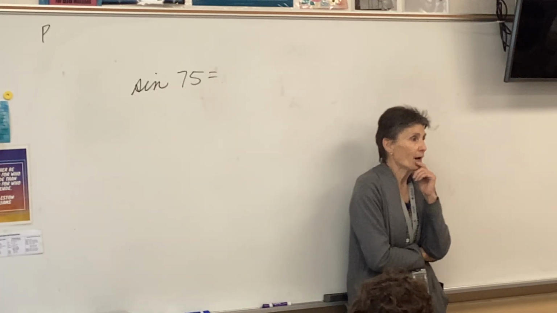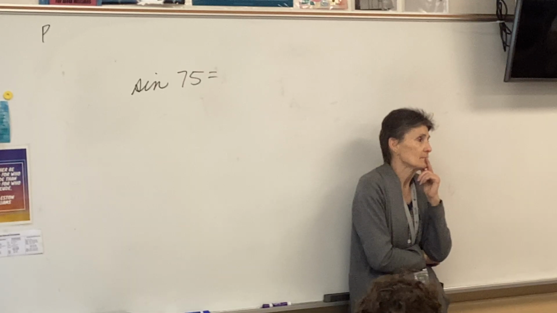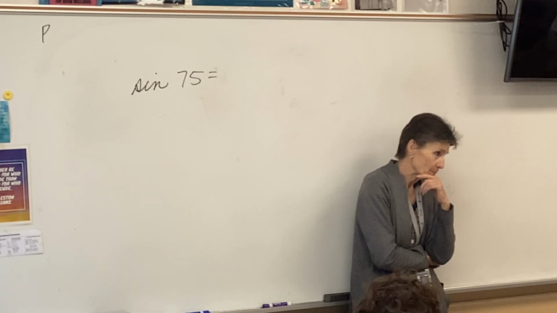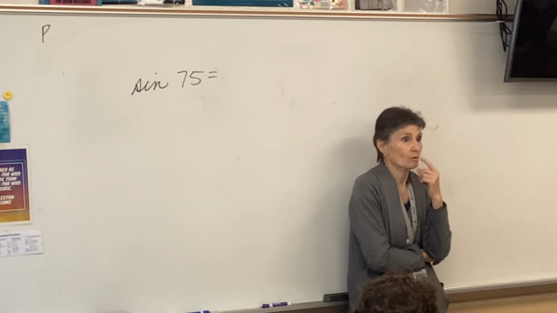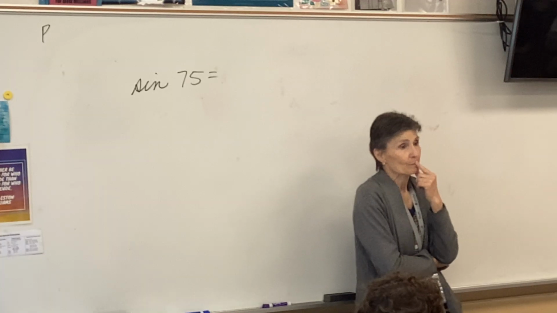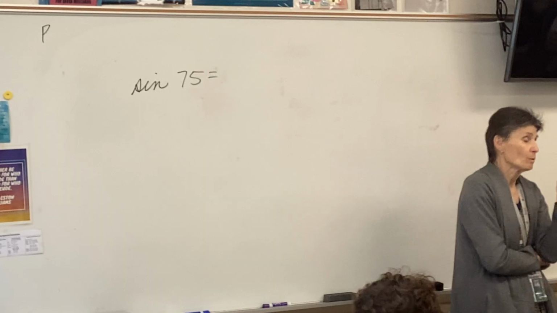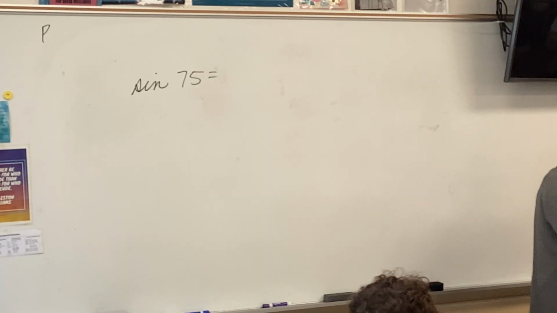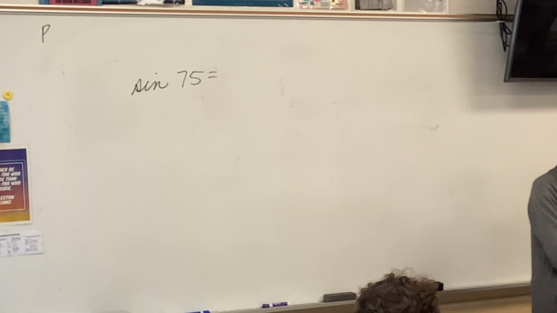We're on the back of page 7. Can you write 75 as either the sum or the difference of two unit circle angles? 30 and 45. Remember, 30 is pi over 6, and 45 is pi over 4.